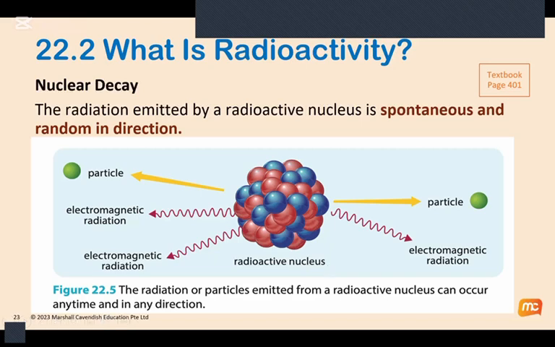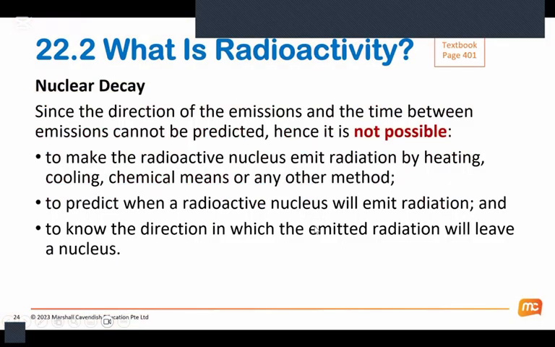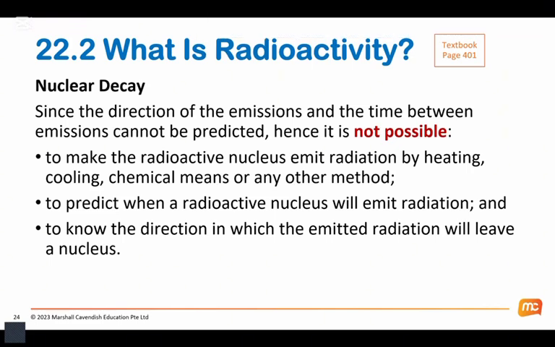So it's called a random process. Cannot determine the time and cannot determine the direction. But spontaneous means it will definitely happen, cannot stop. Okay, so that's what it means by nuclear decay is a random and spontaneous process. It will definitely happen. You cannot predict the time and the direction.